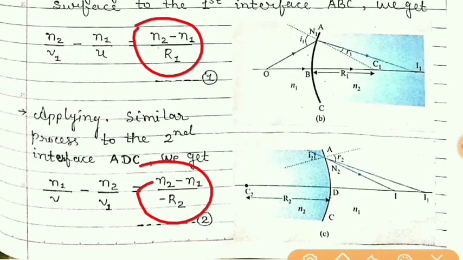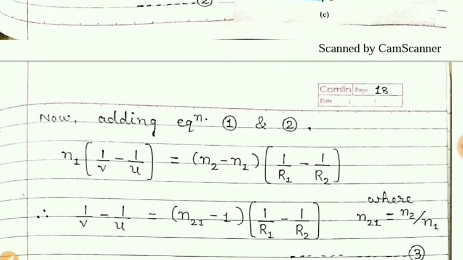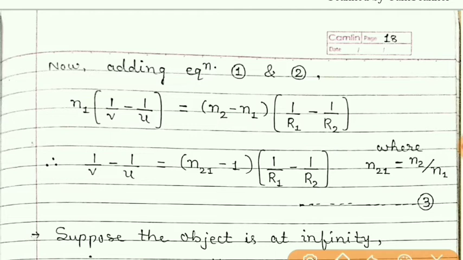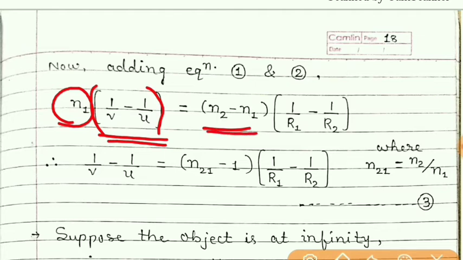In both the terms, in the numerator n2 minus n1 is common. So adding both the equations, on the left side we will get n1 common. What will remain inside? 1 upon V minus 1 upon U. On the right hand side n2 minus n1 is common. What will remain in the bracket? 1 upon R1 minus 1 upon R2. So simple mathematics is there.